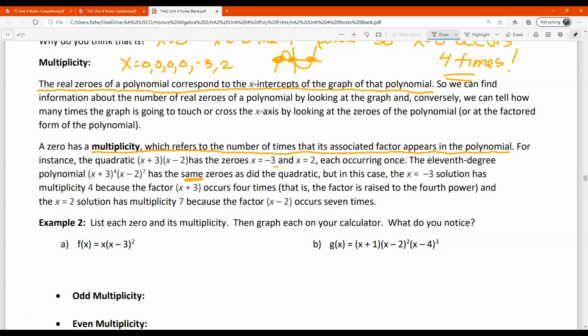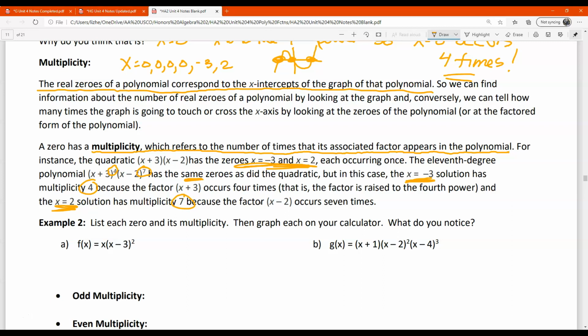The zeros didn't change. But in this case, the x = -3 has multiplicity 4 because the factor x + 3 is raised to the 4th power. And the x = 2 solution has a multiplicity of 7 because the factor x - 2 occurs 7 times.